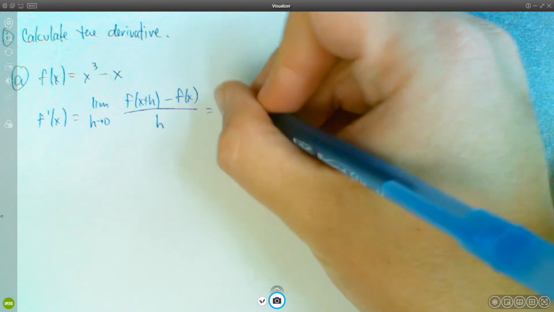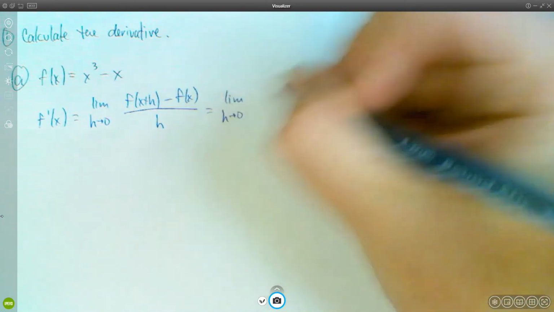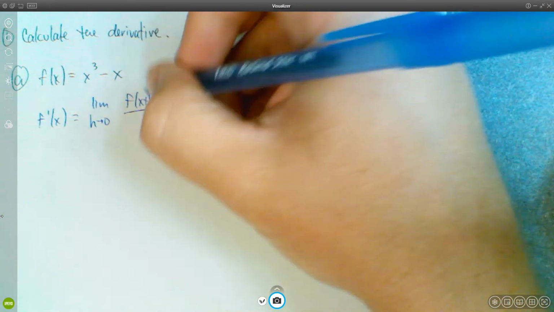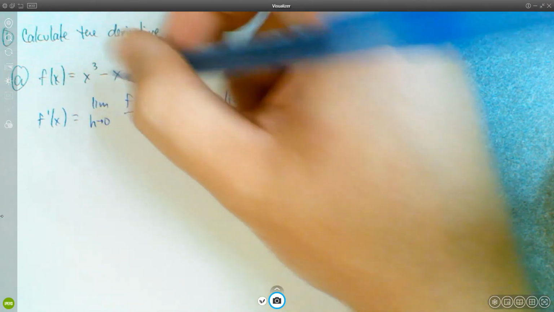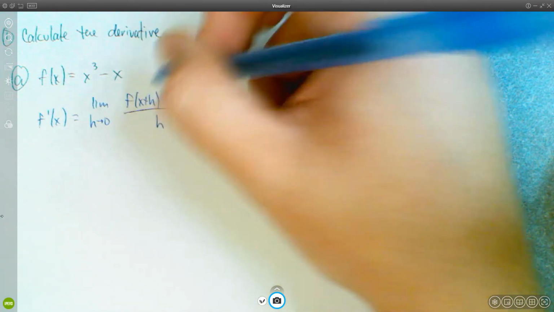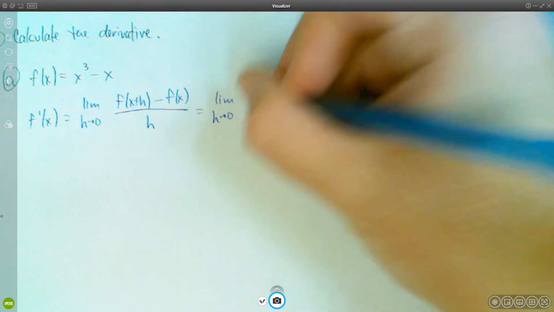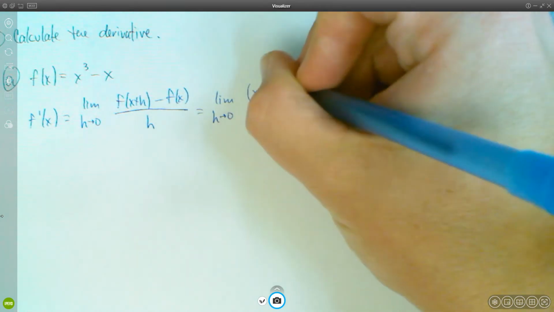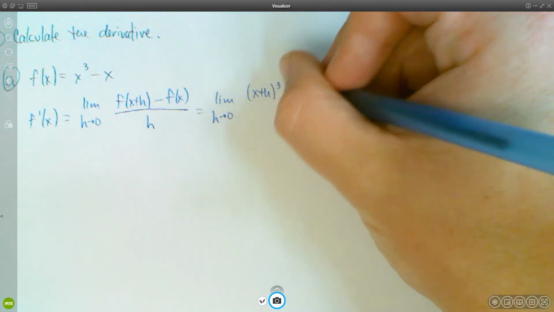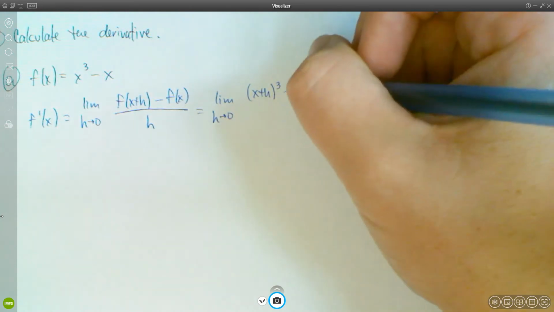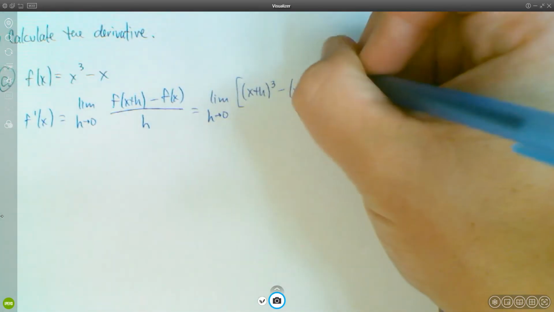So that's the limit as h approaches 0, f of x plus h. That means that I'm going to look at f of x, and everywhere I see an x, I'm going to replace it with x plus h, right? So in this case, that's going to be x plus h cubed minus x plus h, right? So there's f of x plus h.